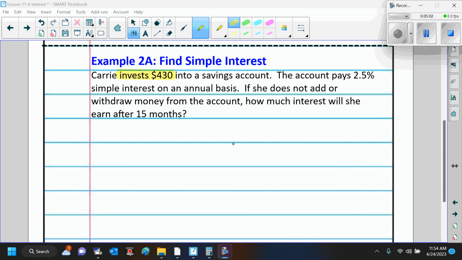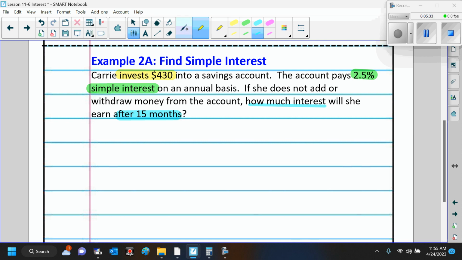What else is important here? Right. There's 2.5% simple interest on an annual basis. And finally, what else is important? After 15 months. So we want to know how much interest will she earn after 15 months.